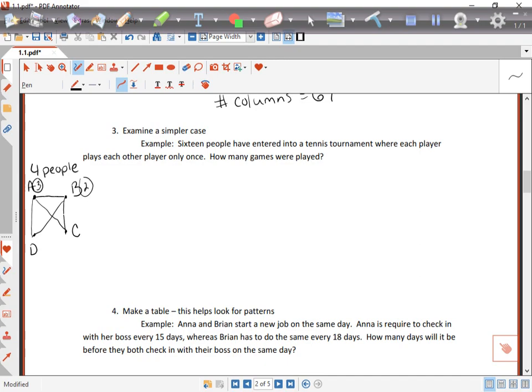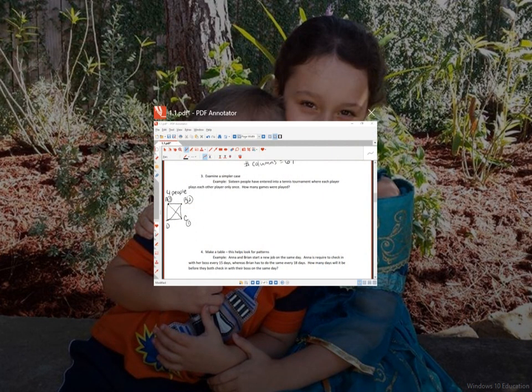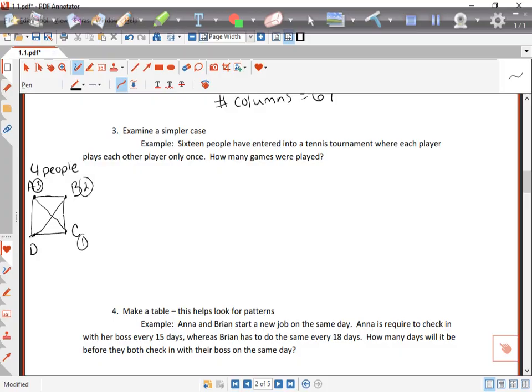Person C has already played A and B, and only has 1 person left, person D. And then person D has already played everyone, so he doesn't have any more games left. So then we add these up. 3 plus 2 plus 1 would give me 6 games.